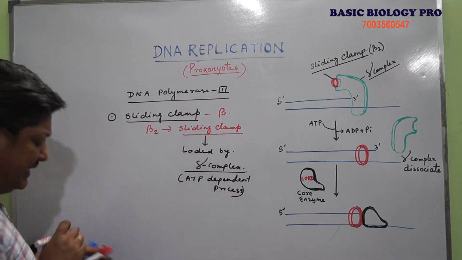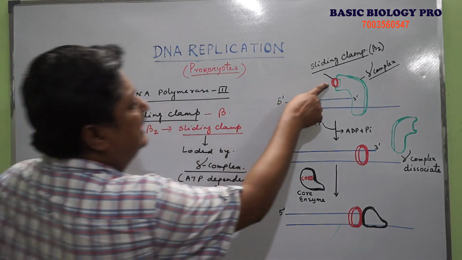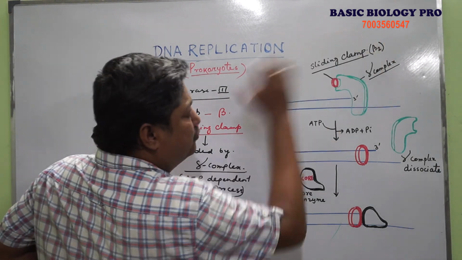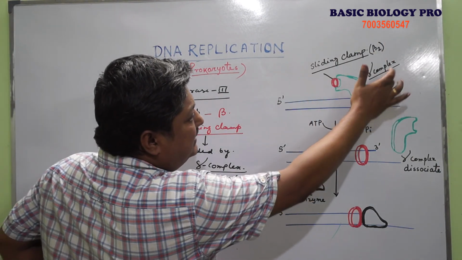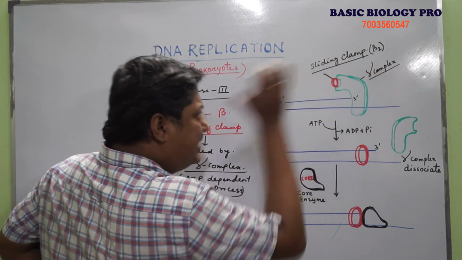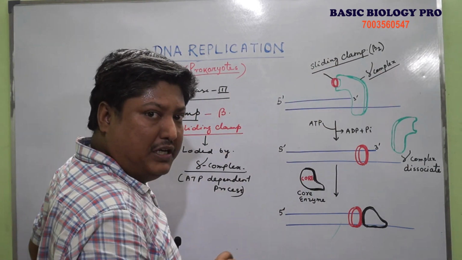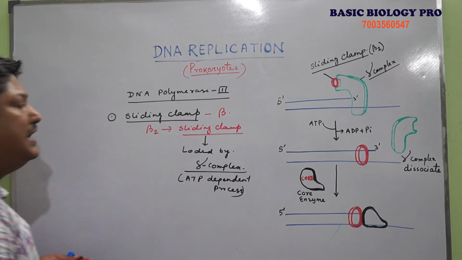Now if you see this diagram, this clamp, which is made up of beta 2, is loaded by the gamma complex. Now what is gamma complex? This is the third important part of this DNA polymerase 3.